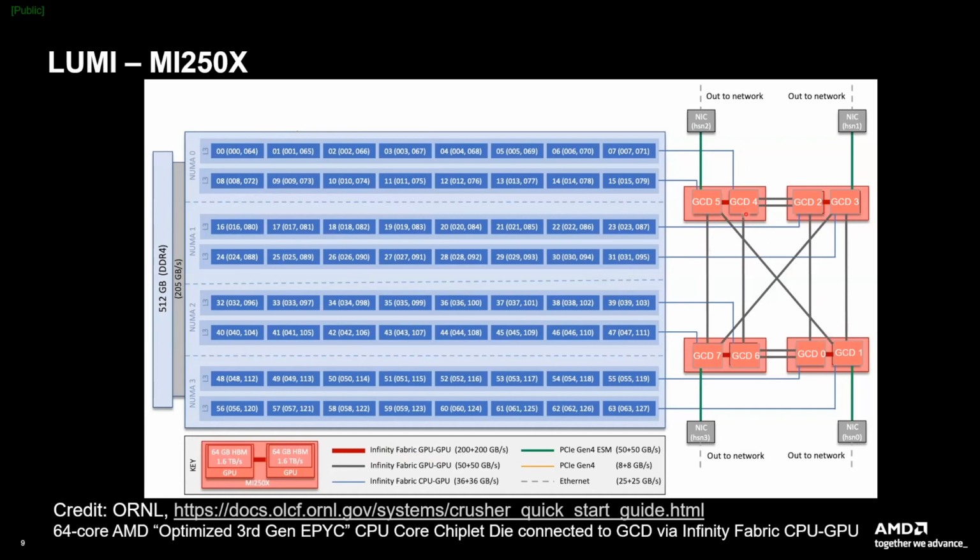But GCD4 to 2 has 50 plus 50, 100 GB per second per direction, plus 50 GB per second to GCD6. So there is some difference in the peak bandwidth depending on which GCDs you're communicating between. It can be a bit complicated, but you will get use of it.